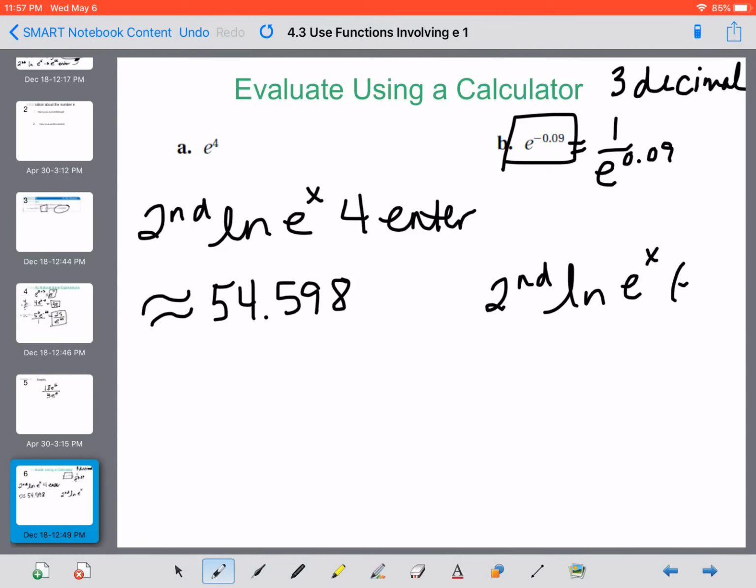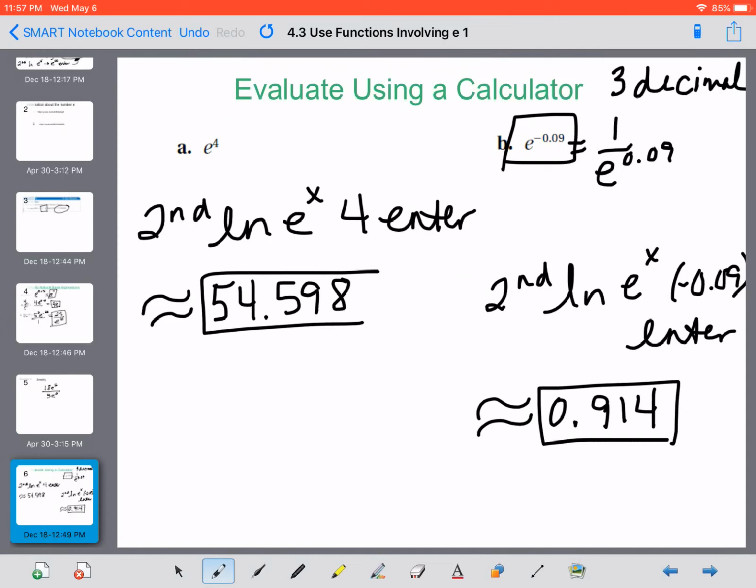In this case, it'll be negative 0.09, and then press enter. So your answer is approximately 0.914 if we round to 3 decimal places.